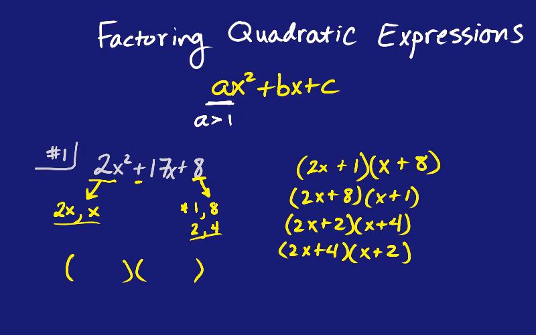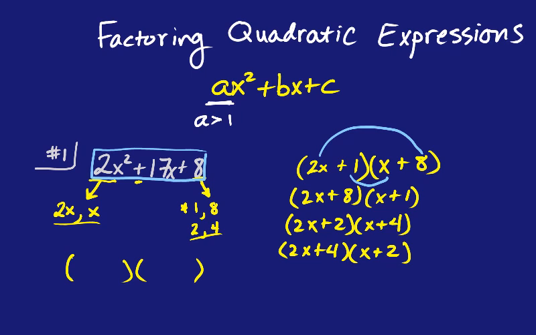How do you decide which one's right? The way to decide is to go backwards and FOIL and see which one actually gives you 2x squared plus 17x plus 8. Really the only check you need to do is the outside and the inside.